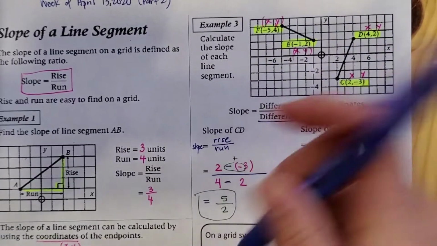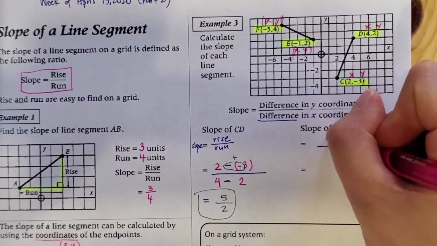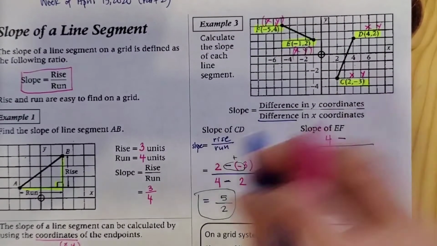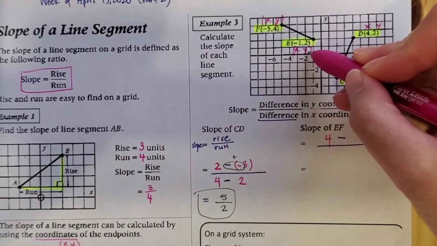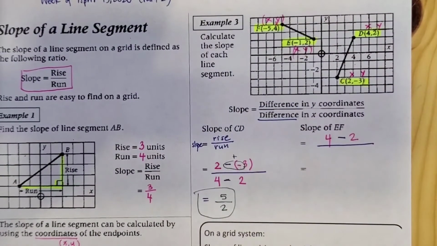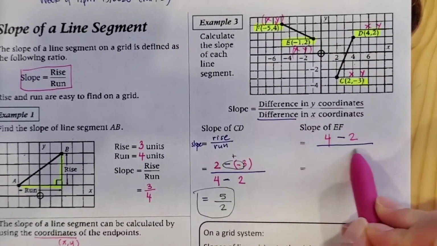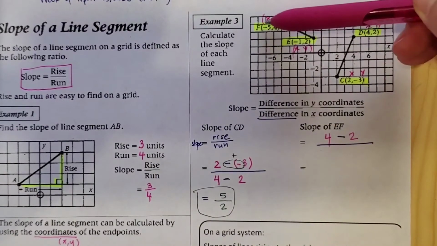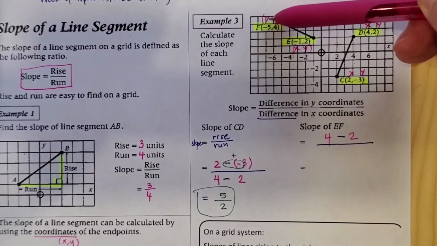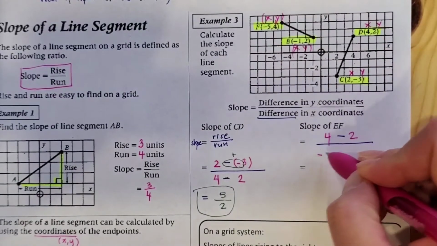We're gonna do 4. So y value from F is 4. The difference minus the other y value from E, which is 2. So 4 minus 2. Then we're gonna go to the difference of the x coordinates at the bottom. So again, since we did F first over here, it's going to be the x value here is negative 5.